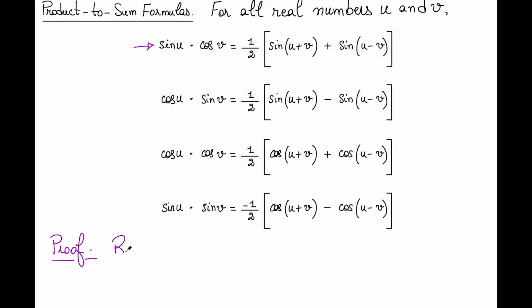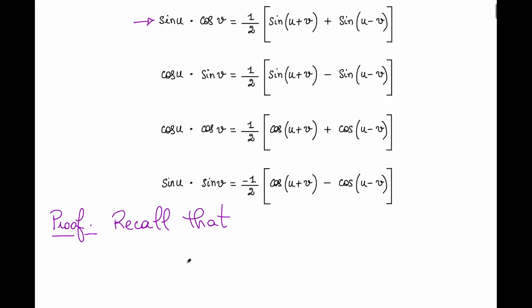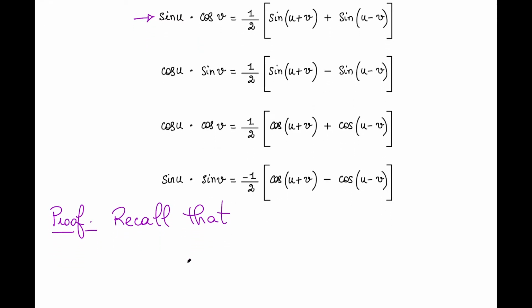So recall that for any u and v, we had sine of u plus v is equal to sine of the first angle, u, times cosine of the second, plus cosine of the first times sine of the second.